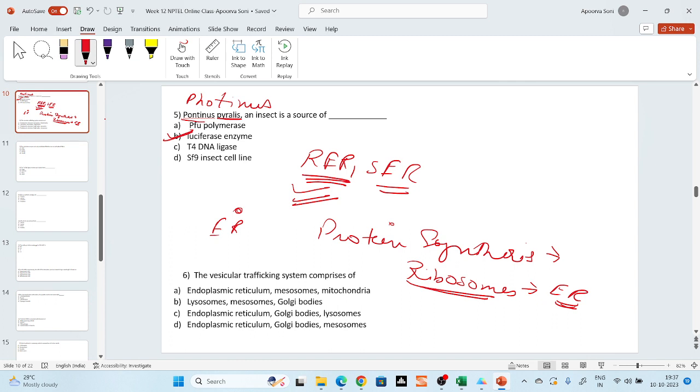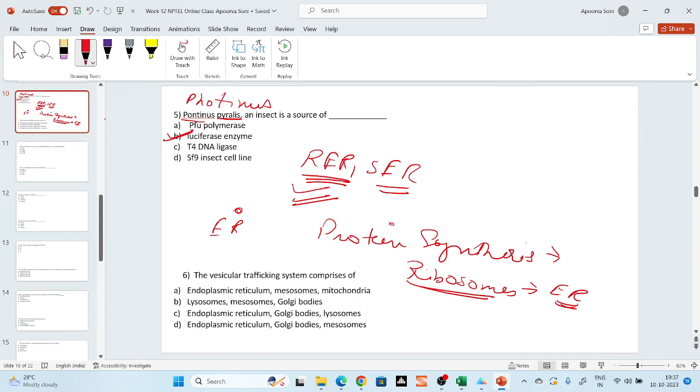It assigns that this protein will go to the plasma membrane, this one to mitochondria, this one to some other place. Some things which are not properly made can be degraded, so they go to lysosomes, where they get degraded, or lysosomes take them to the plasma membrane for whatever function is needed.